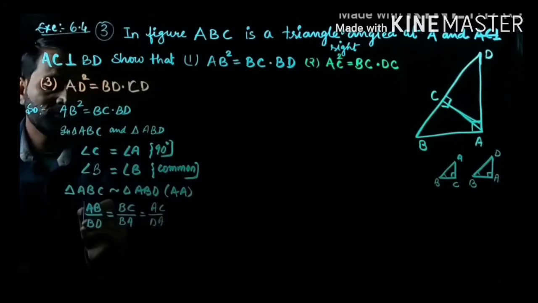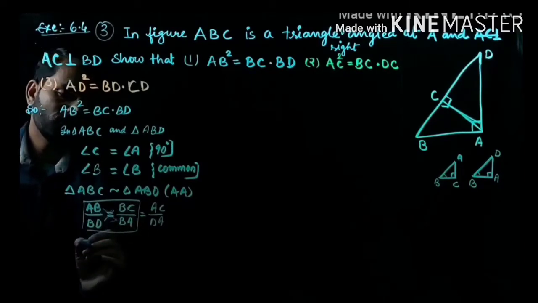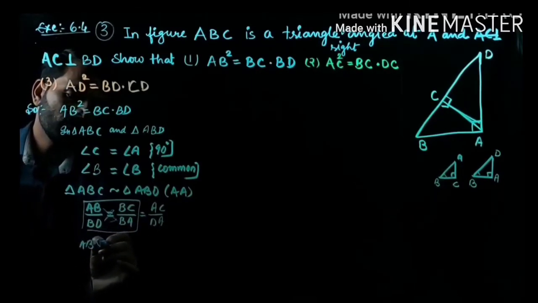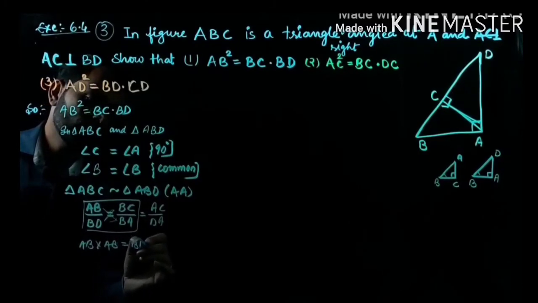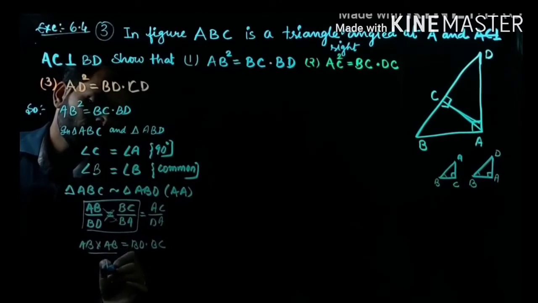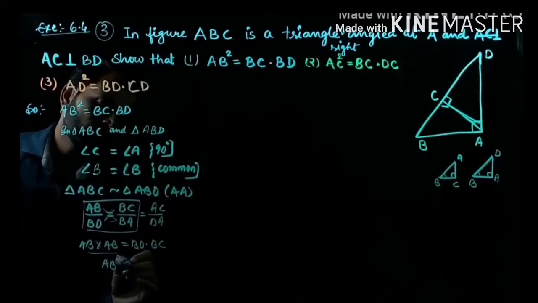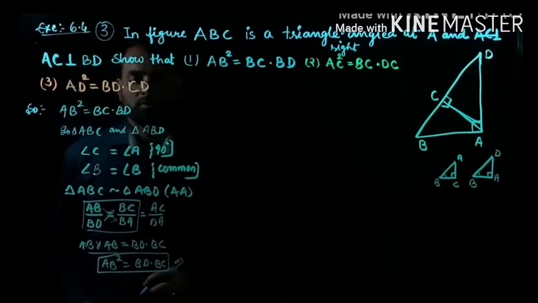So we have used the first two, and by cross multiplication, that means AB into AB is equal to BD into BC. This is the form of two times multiplied, the square AB square is BD into BC. This is the first solution.